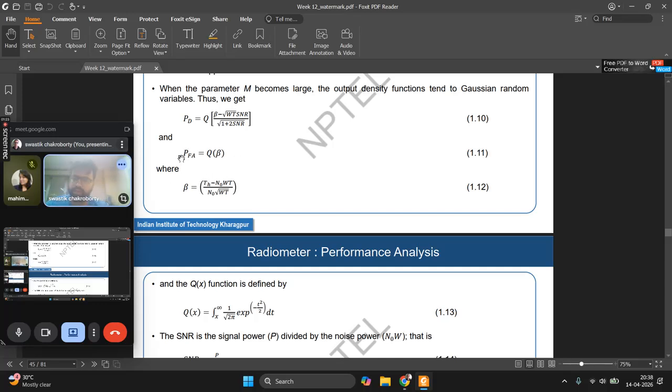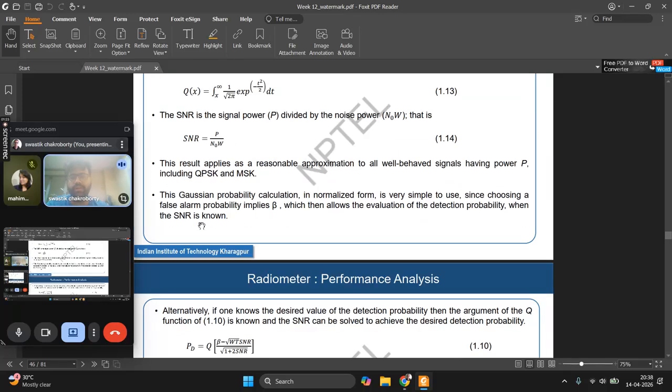The Q function of beta is PFA. And if you take WT, SNR, and beta together and combine them in this way, then the Q function of that will be the probability of detection.